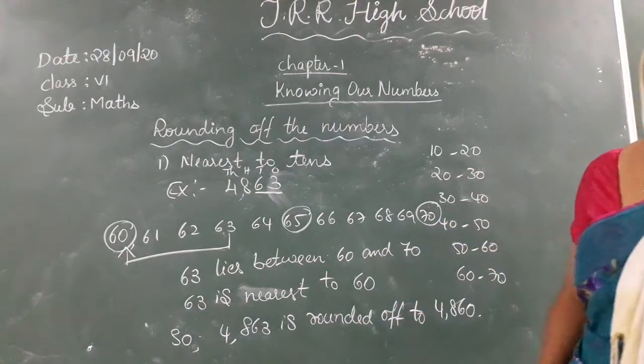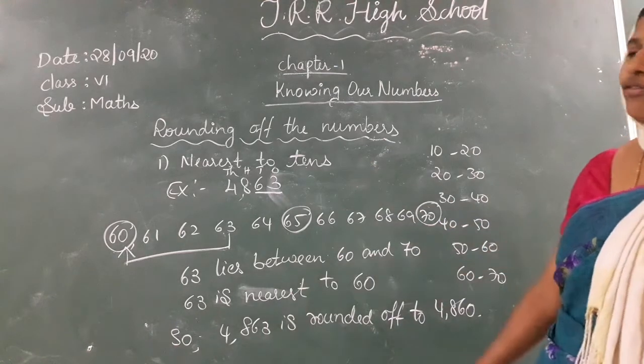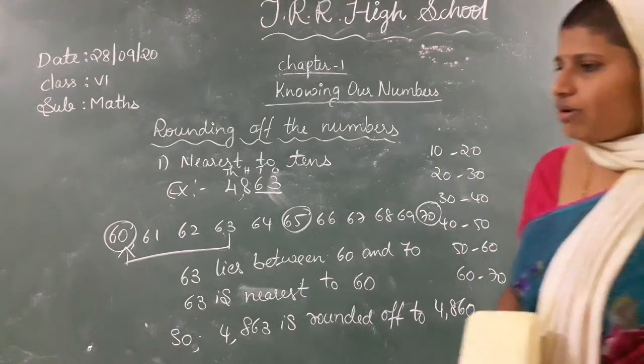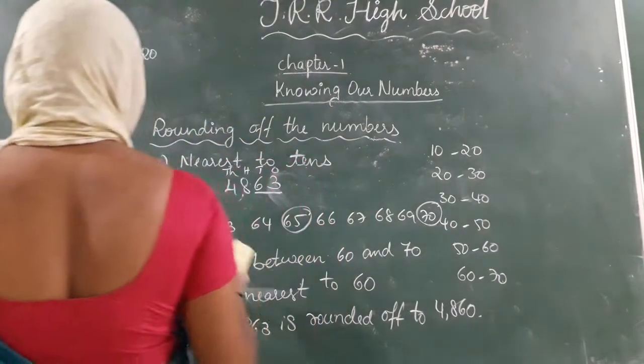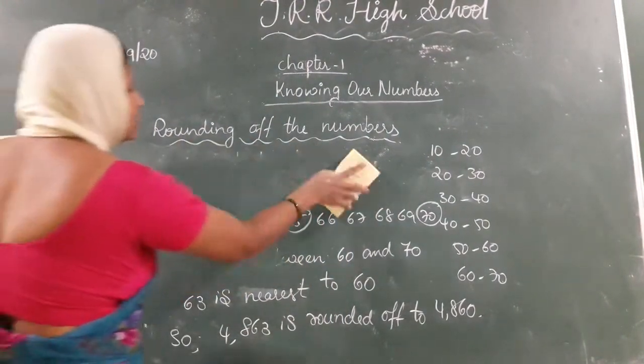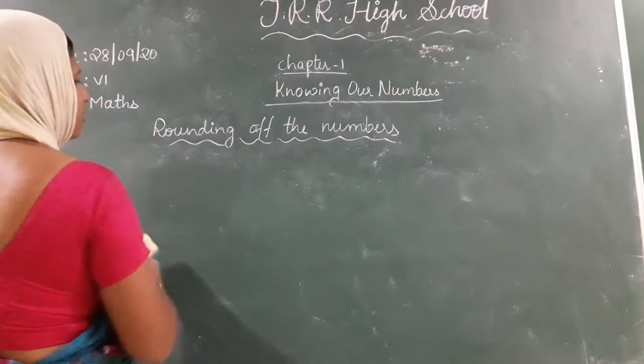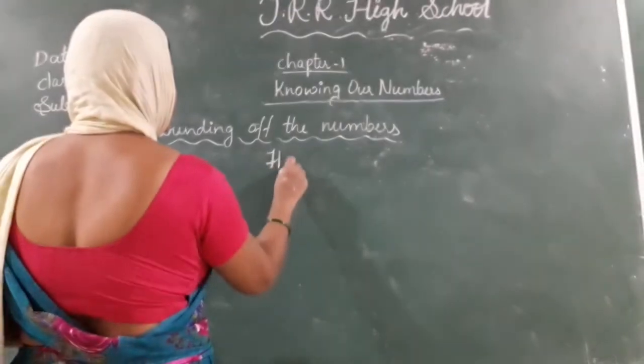I hope you have understood. Now I will give you some problems based on this rounding of numbers. You try to simplify those in your notebook. And in the next class, we will discuss rounding to the nearest hundreds. Now take down your notebooks and copy the homework.